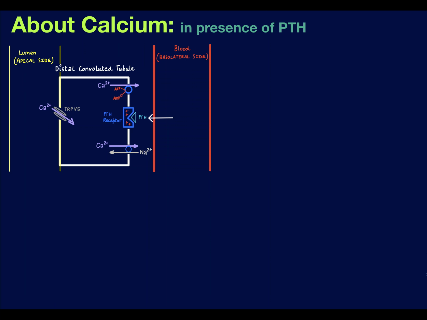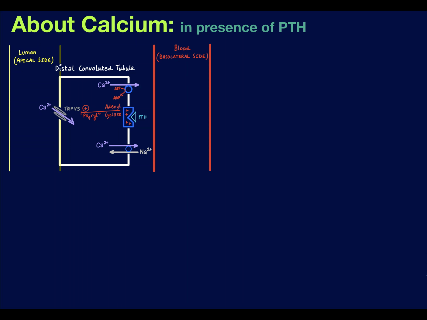Now the parathyroid hormone comes in and attaches at the parathyroid receptor on the distal tubular cells. The parathyroid receptor gets activated, and the same downstream machinery that we saw in phosphate reabsorption in the PCT is brought into action by the activated parathyroid hormone receptor.